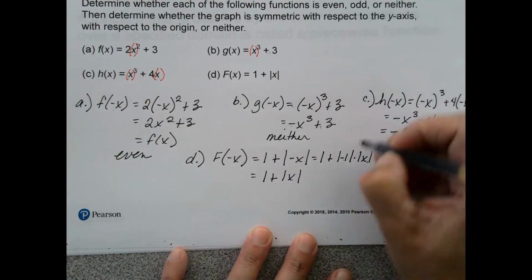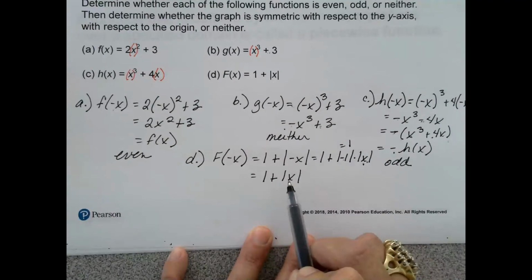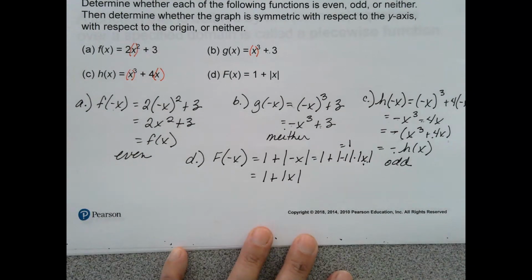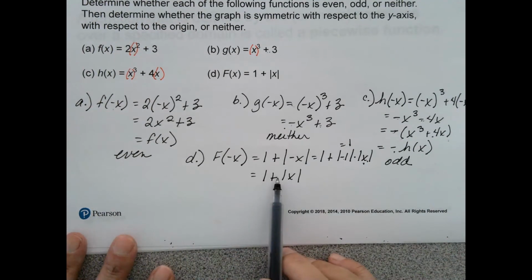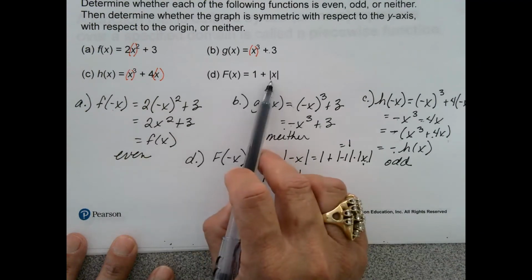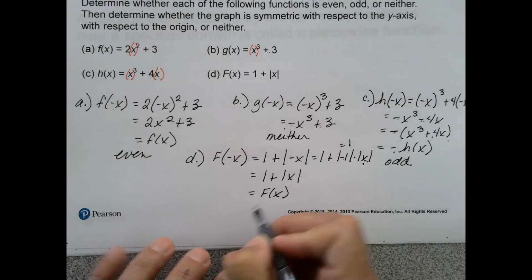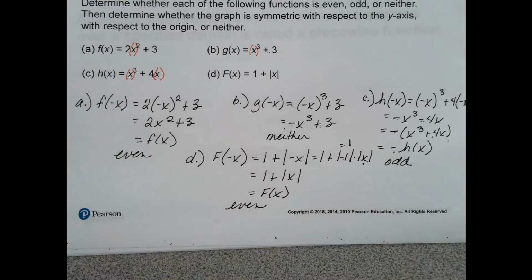The absolute value of negative 1 is a positive 1, so 1 times the absolute value of x is just the absolute value of x. Okay? What does this look like? 1 plus the absolute value of x looks exactly like the original. And so this is capital F of x, and so this is an even function.